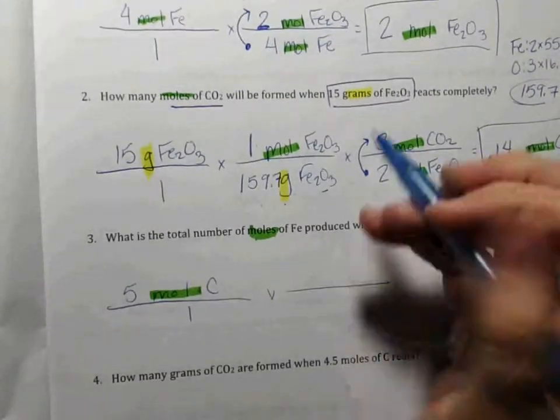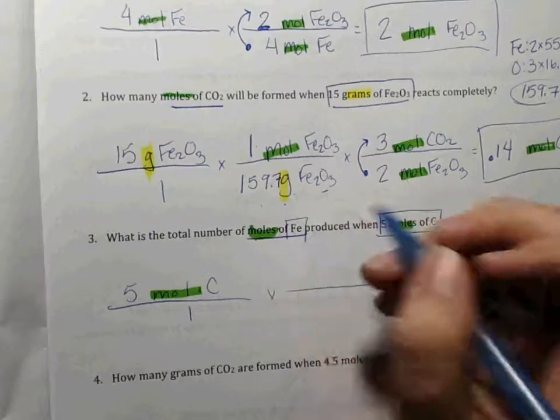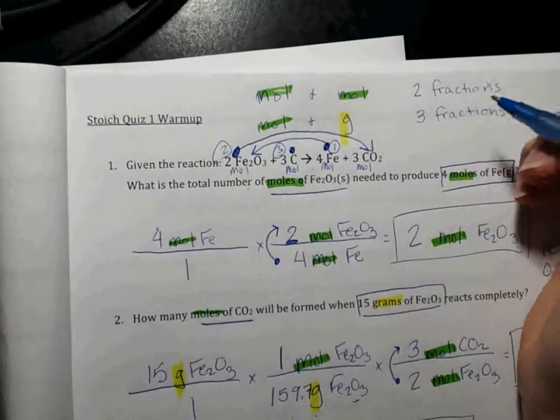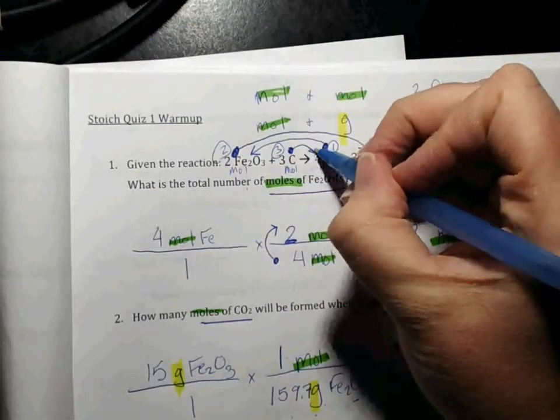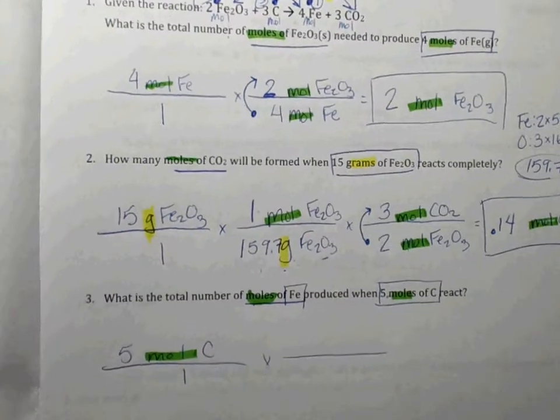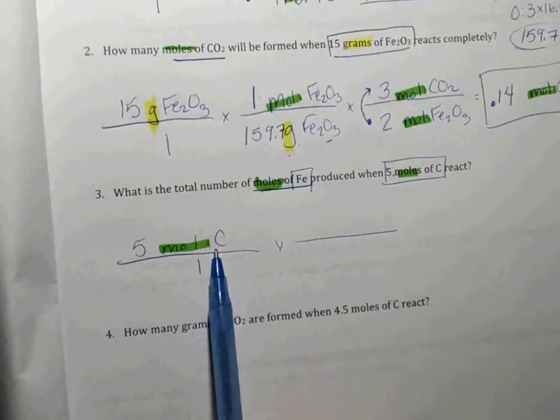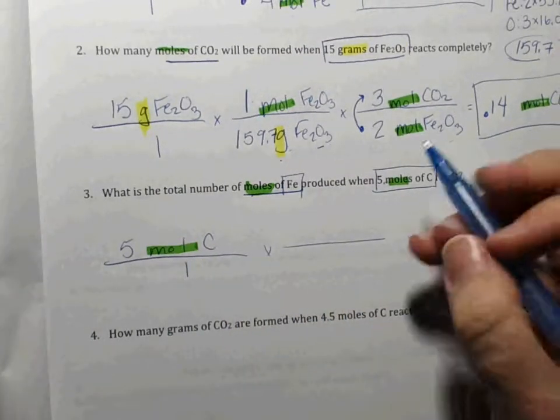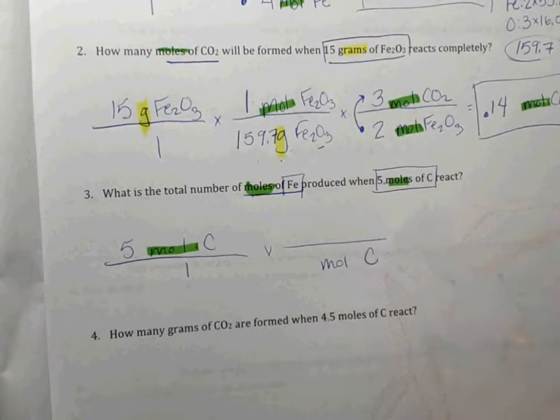Number 3 is asking us to find total moles of iron produced, so my bridge is going to point at iron for number 3. When I return to my fractions, I know that what goes up must come down, so moles of carbon will move to the bottom.